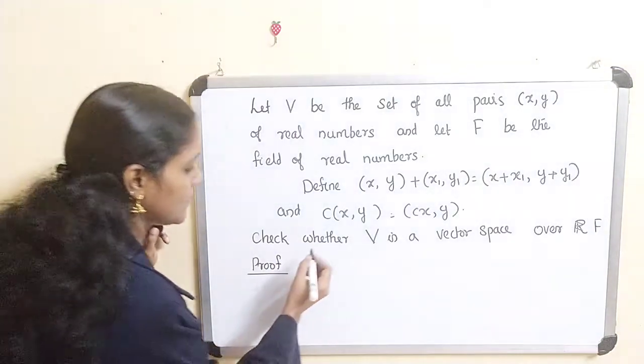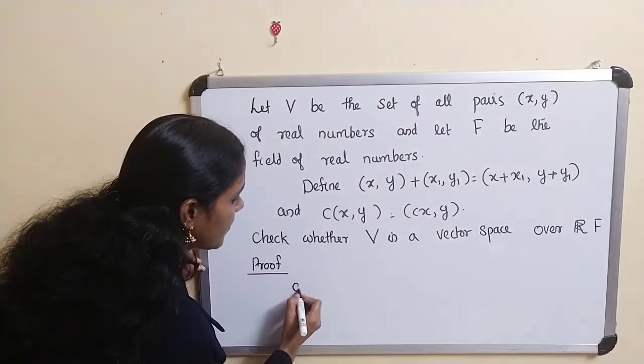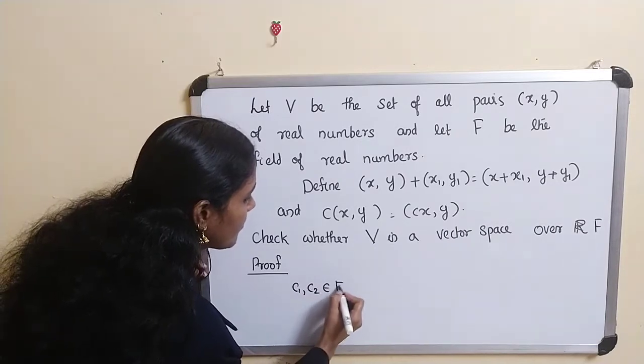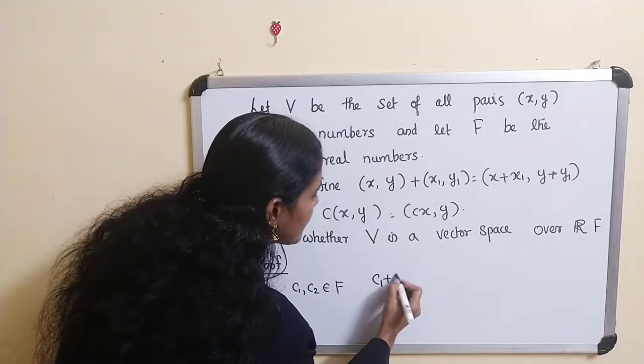Consider scalars C1, C2 belonging to F. Now what is (C1 + C2) alpha?